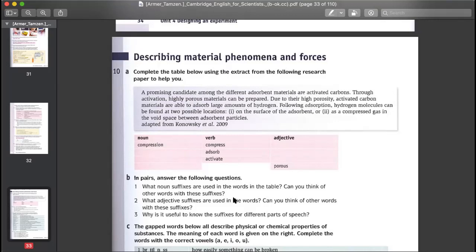Following absorption, hydrogen molecules can be found at two possible locations: on the surface of the adsorbent, or as a compressed gas in the void space between adsorbent particles. Of course, we have "adapted from" and so on.